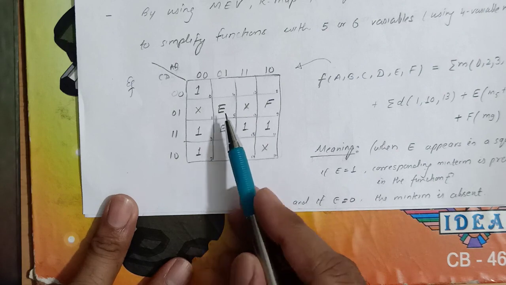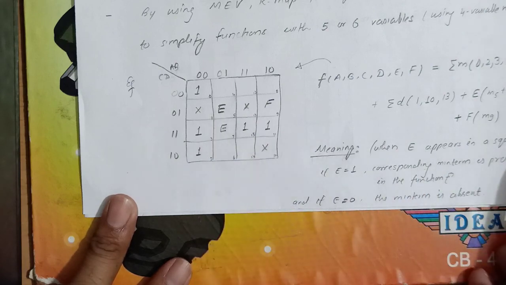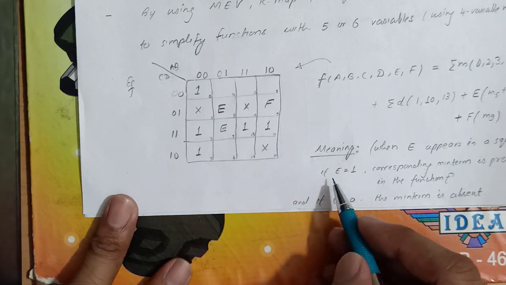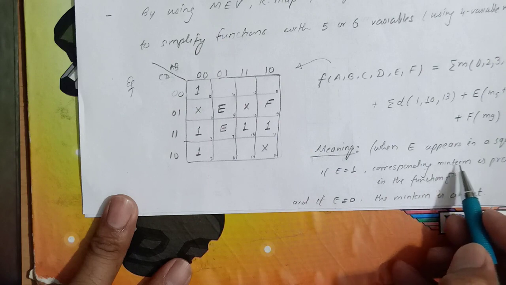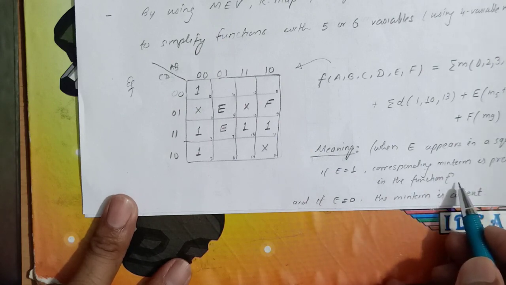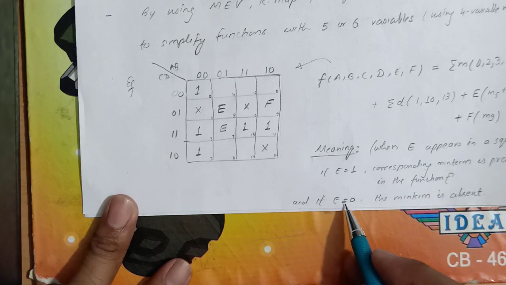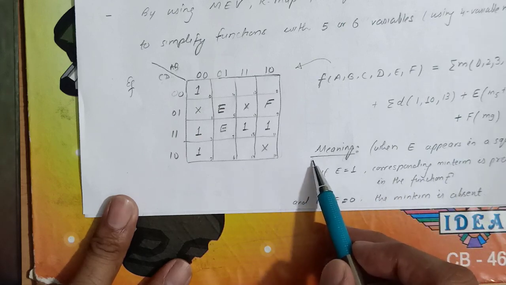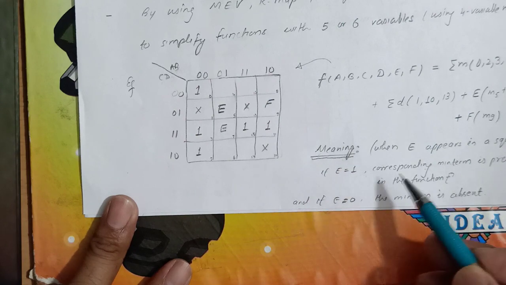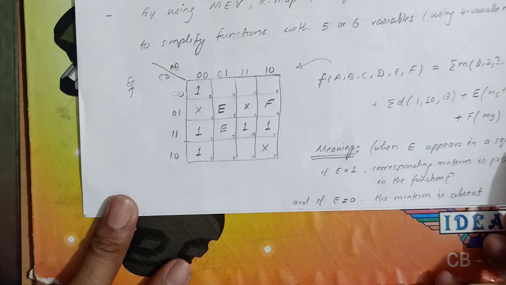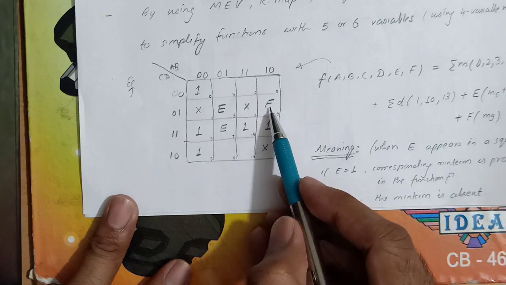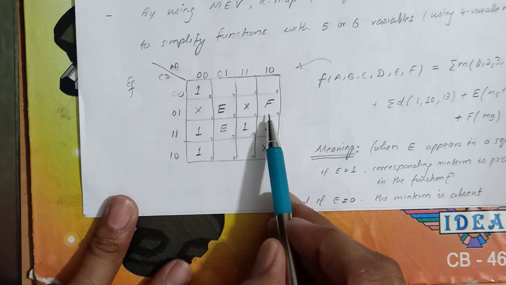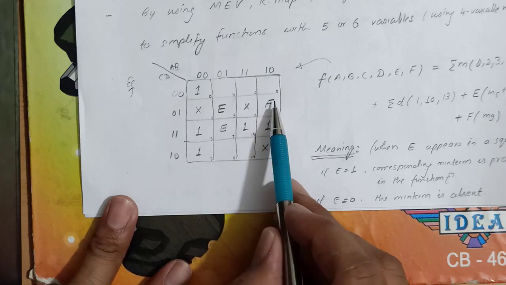Just suppose variable e appears in a square. So if e equals 1, then the corresponding minterm is present in the function f. And if e equals 0, the minterm is absent. This is the meaning when any variable e appears in a square. So just suppose this minterm is present when e is 1, otherwise this minterm is absent.